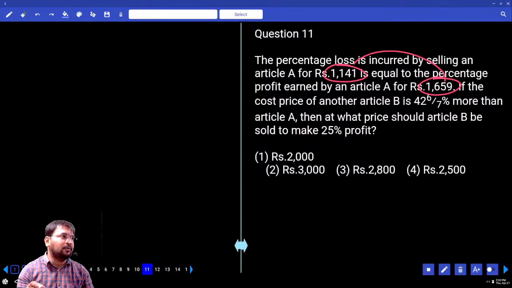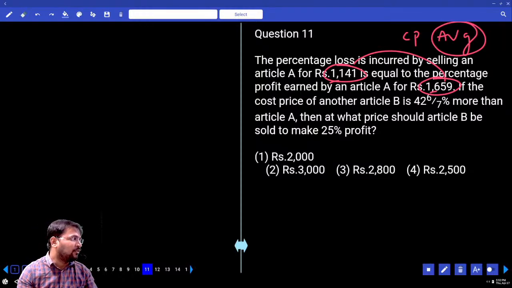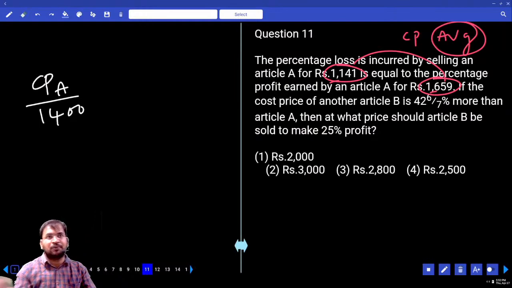Cost price is nothing but the average of these two. 1100, 1600, 2700, na. 41, 59, 100, 2800. Average is nothing but half, 1400. Cost price of A is 1400, the average of these two.